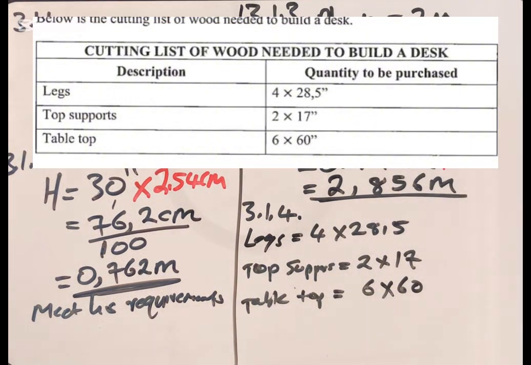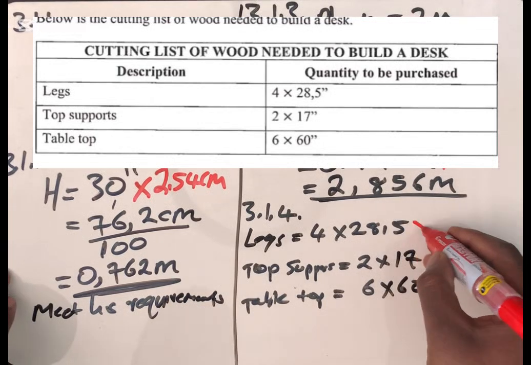So now what we are going to do, because the question wants us to compare these dimensions with the 13 meters that he's saying that he only needs, we must convert this to meters and compare if the sum of these three is greater than 13 or less than 13. To convert inches to centimeters, you multiply by 2.54.